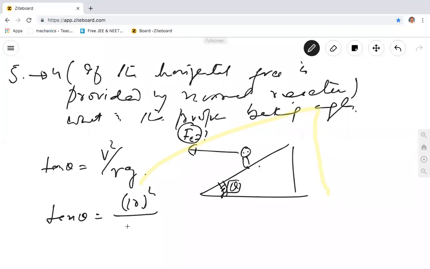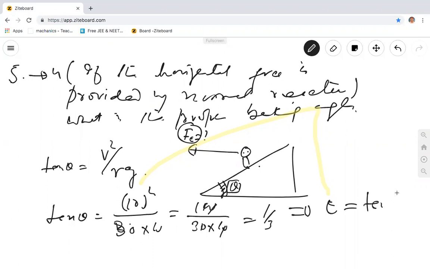What was the radius of the turn? 30 meters. g is 10. So it is 100 by 30 into 10. These two zeros cancel off, 1 by 3. Theta is equal to tan inverse 1 by 3. That is your answer. Directly substitute the values.